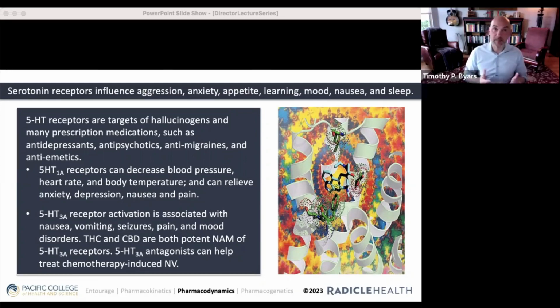And THC and CBD are potent negative allosteric modulators. So it's probably a reason why, in combination with CBD being an agonist at 5-HT1A, given that it's a negative allosteric modulator at 5-HT3A, it's probably the reason why these cannabinoids are really effective at treating chemotherapy-induced nausea and vomiting.